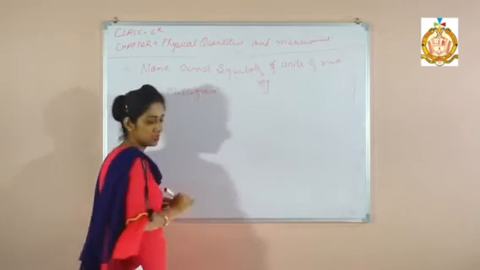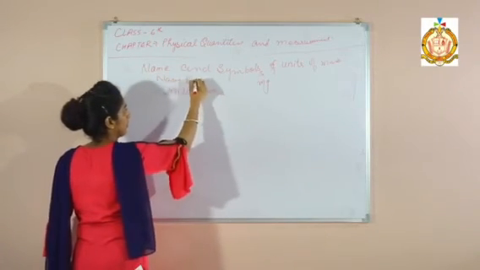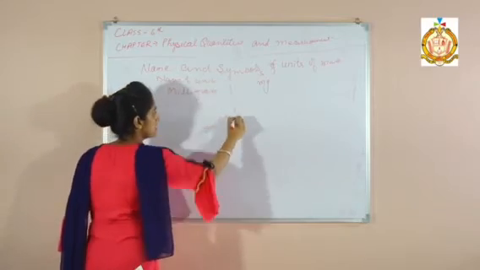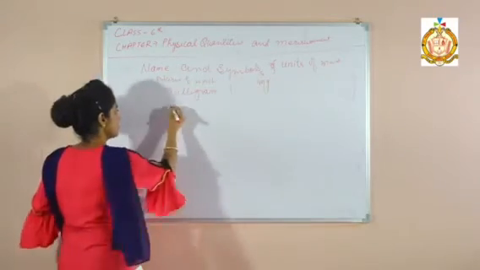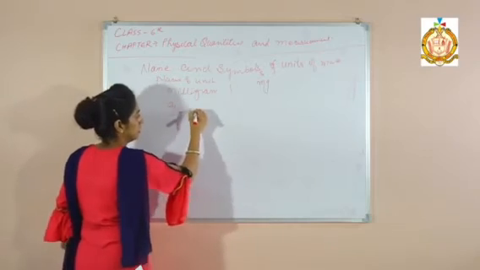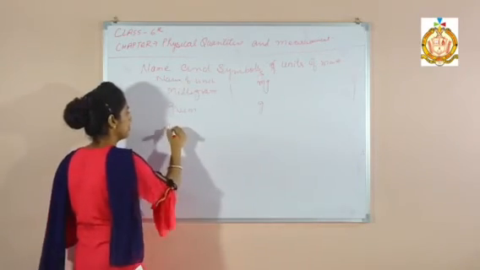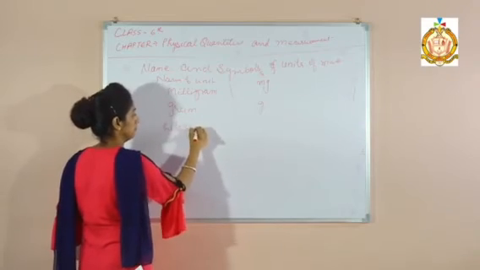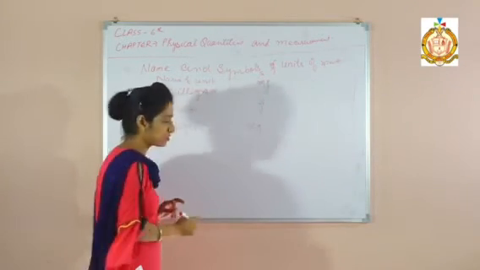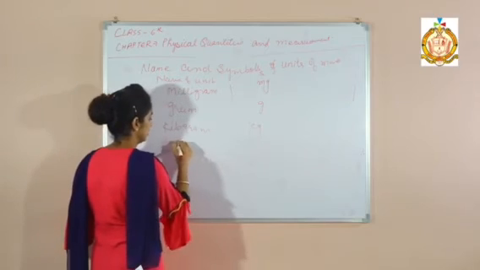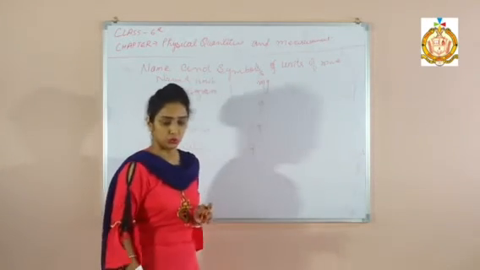There is a symbol and there is a name of the unit. Milligram is mg. Gram is g. And kilogram is what? kg. And quintal is what? That is Q.